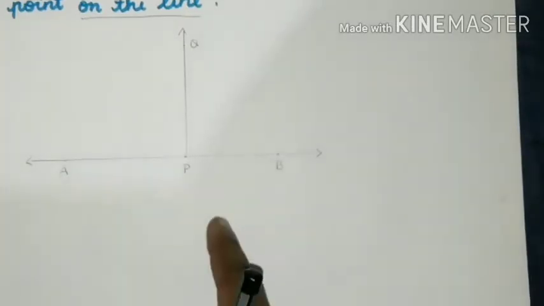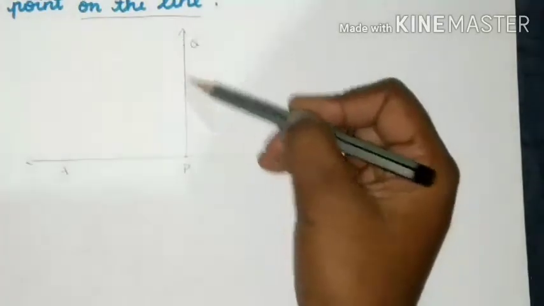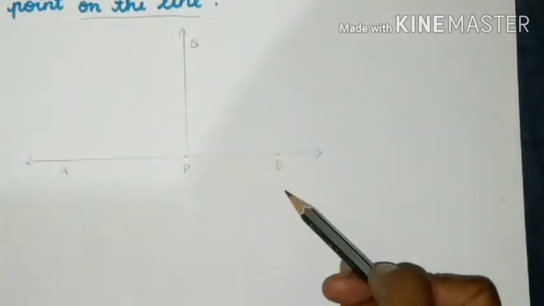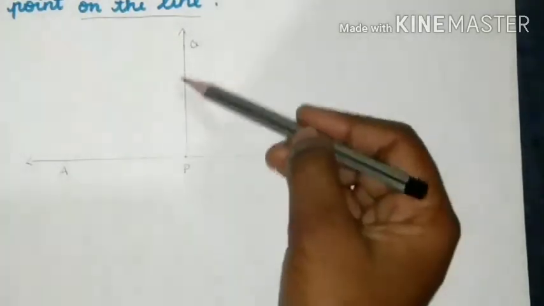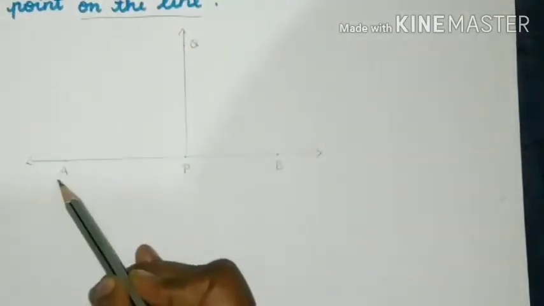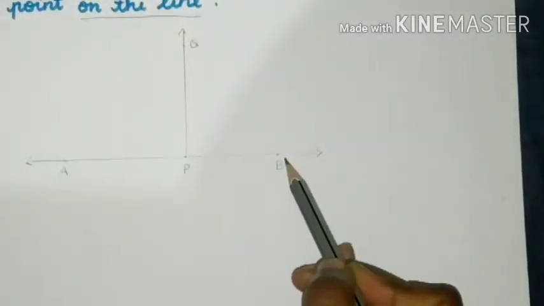That's all. This shows that the line PQ and AB are perpendicular to each other. The line PQ is perpendicular to the line AB.